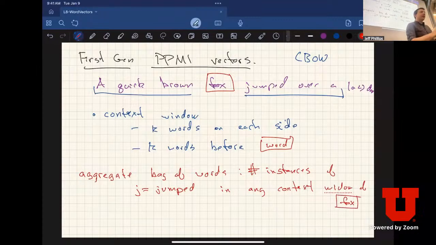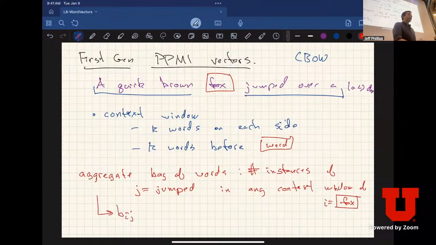Okay, so any context window of fox, right? So if fox is going to be a word I, then this is going to lead to a value Bij.